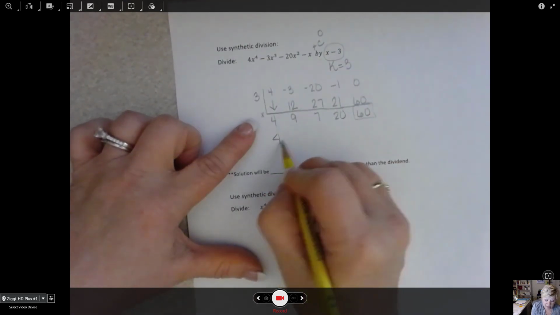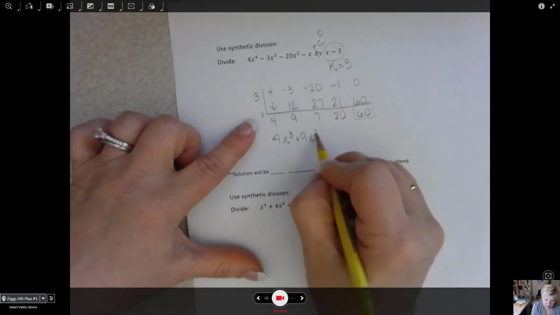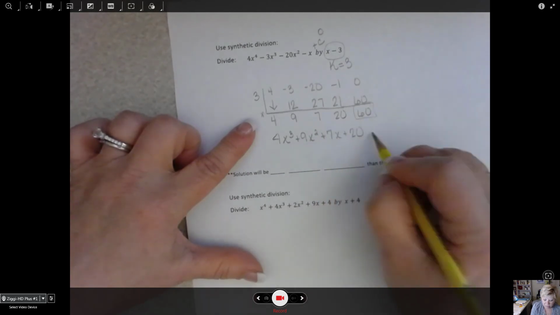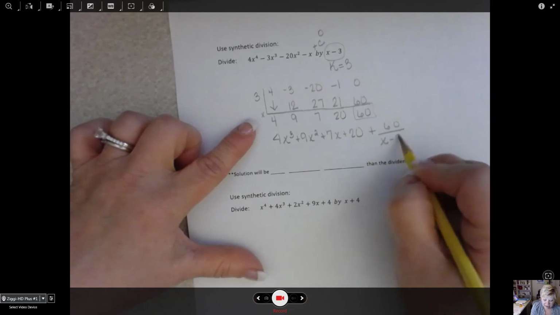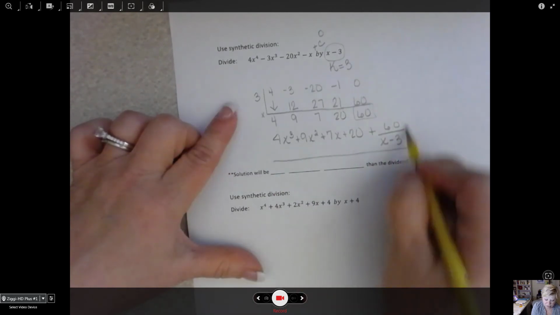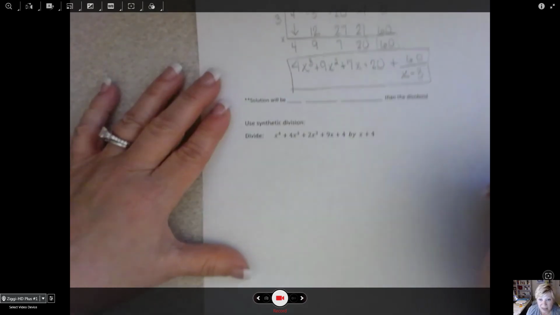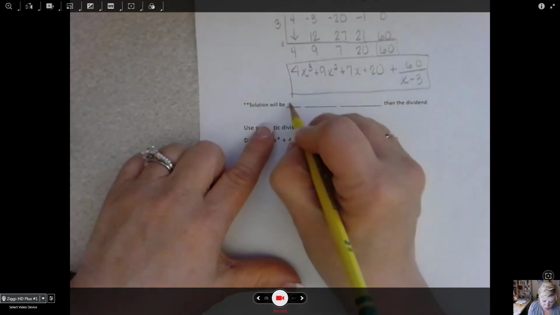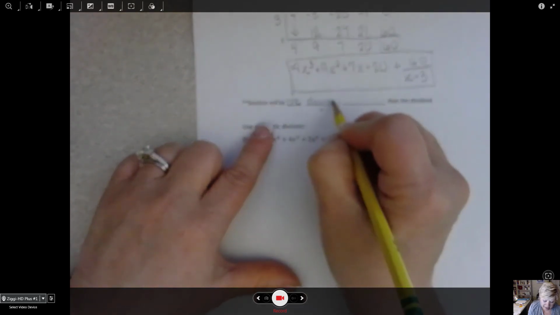My quotient is 4x cubed plus 9x squared plus 7x plus 20 with a remainder of 60. And again, that goes over your original divisor. So missing terms does apply. Your solution will be 1 degree less than the dividend.